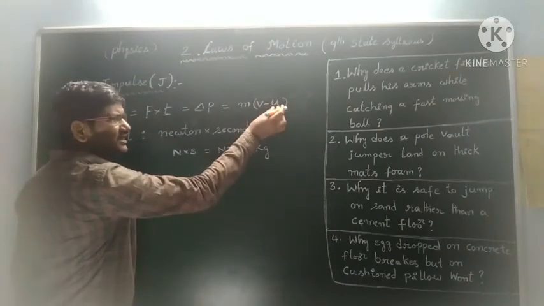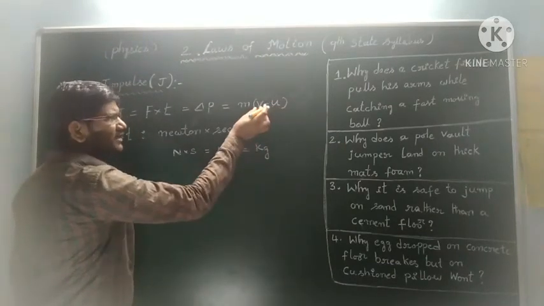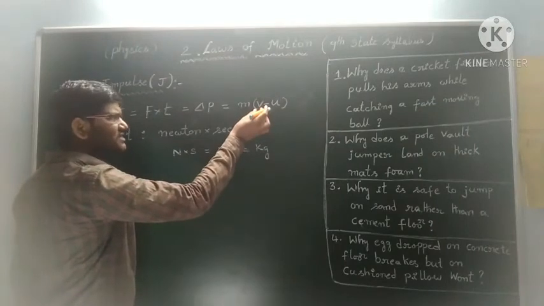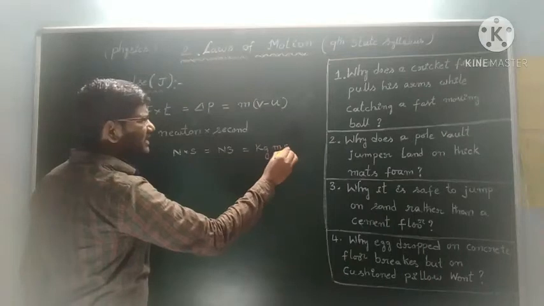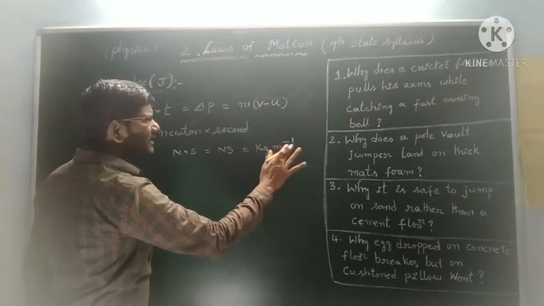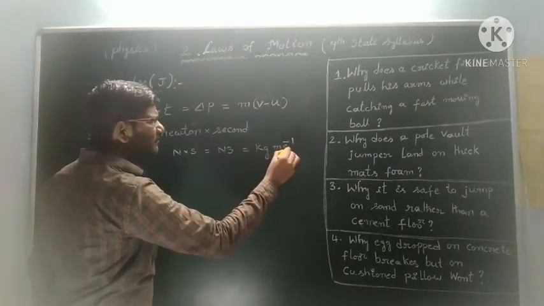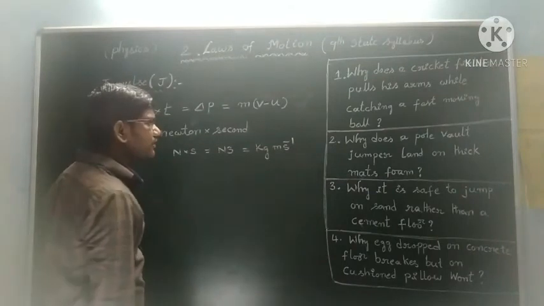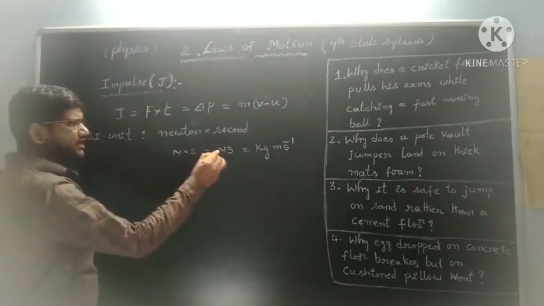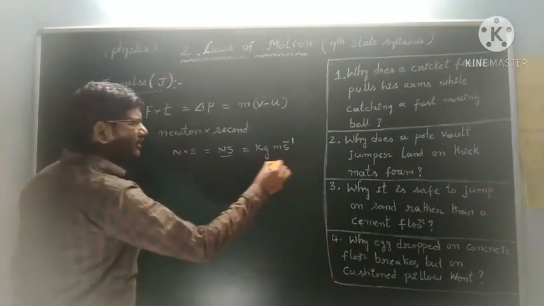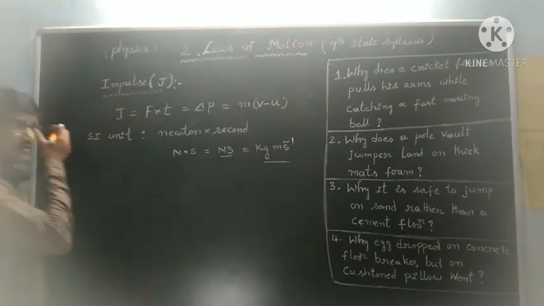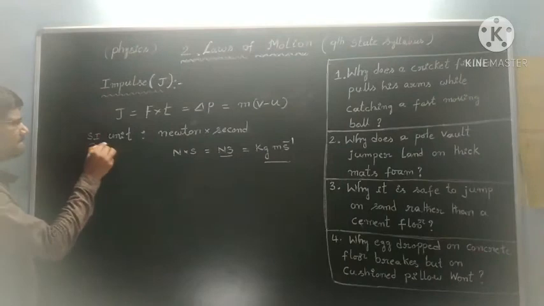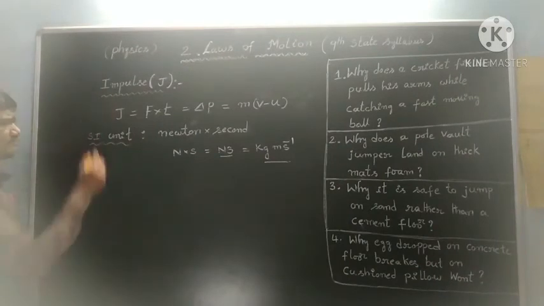Initial velocity some 20 meter per second and final velocity some 60 meter per second. Again, change in velocity is meter per second, you will get kilogram meter second power minus 1 as the unit. You can write simply Newton into second, or you can write kilogram meter second power minus 1. So that is the SI unit. And the CGS unit of impulse I want to write now.